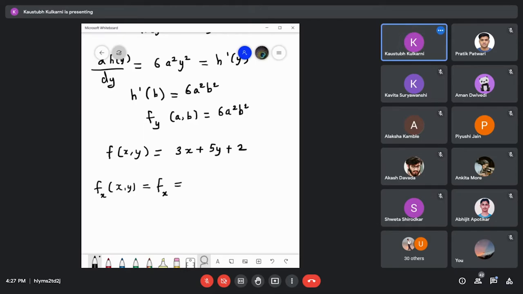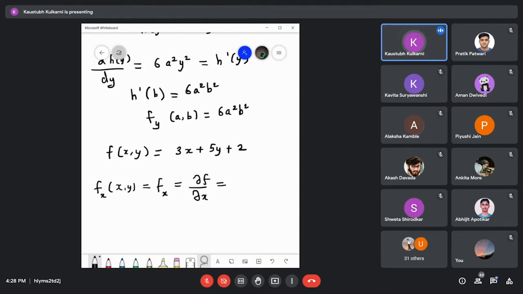Another notation is d with a curve on the top. It is called dou f upon dou x, or daba f upon daba x. There are two ways you can call it.